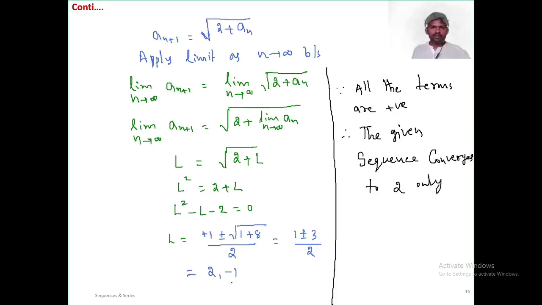It cannot converge to minus 1; minus 1 is not a possible value, 2 is the only possible value. If the terms of the sequence were negative, the sequence would converge to minus 1. Since the terms are positive, the given recursive sequence an converges to 2. So the final answer is 2.